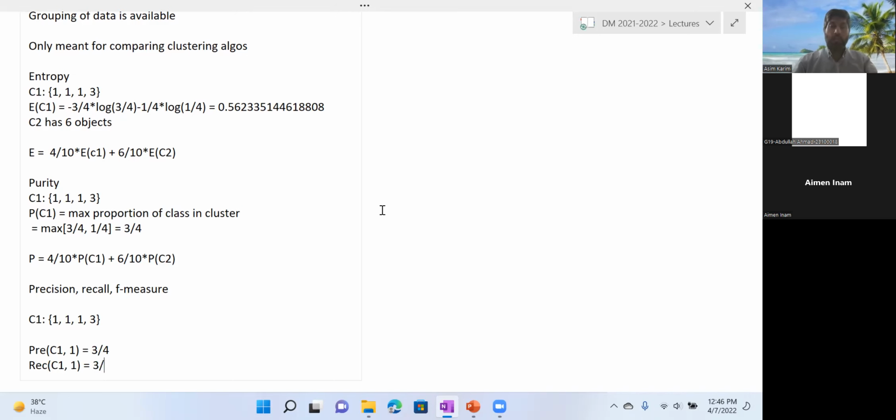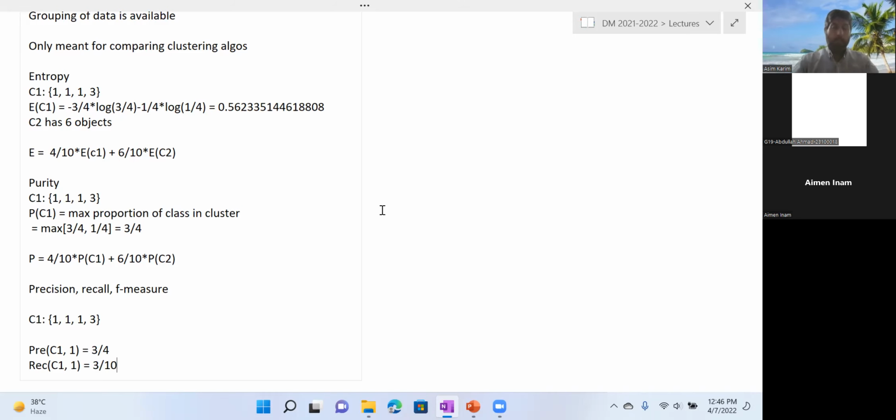Let's say the data set had 10 objects of class 1, so this will be 3/10. Ideally, for a good clustering, if there were 10 objects belonging to class 1, all of them should fall into one cluster. If a cluster has retrieved only 3, then the recall is of course 3/10.